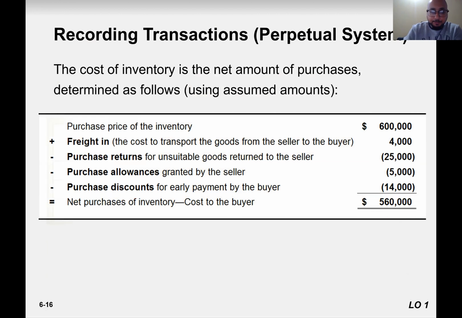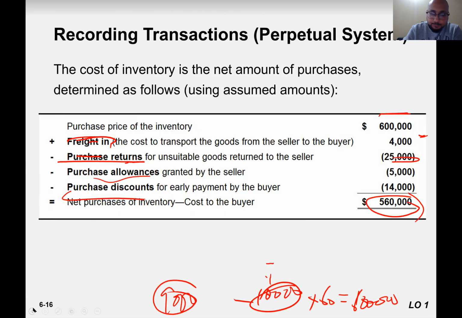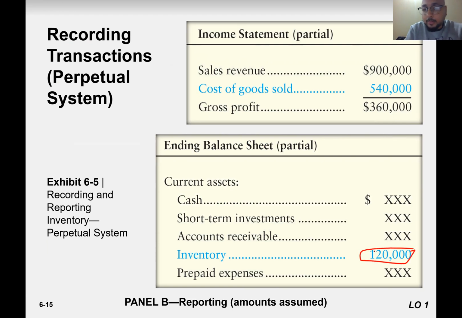So this value is written on the balance sheet. I'm not talking about this particular example. I'm just going to tell you that in the balance sheet, the inventory value of 560,000 would be written here. That is called the cost price.